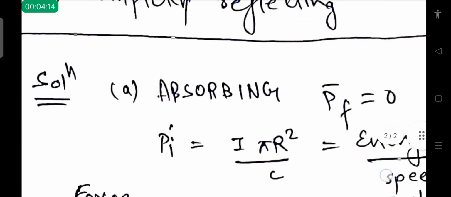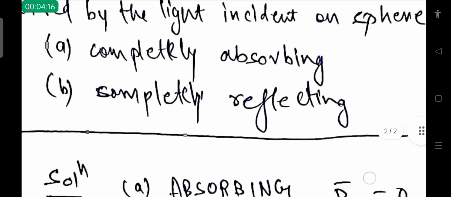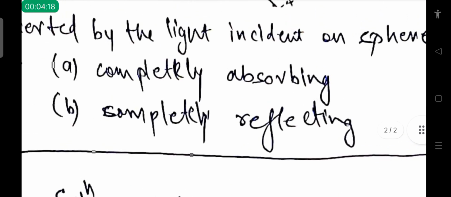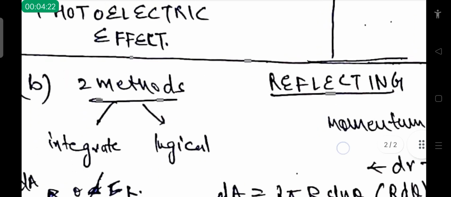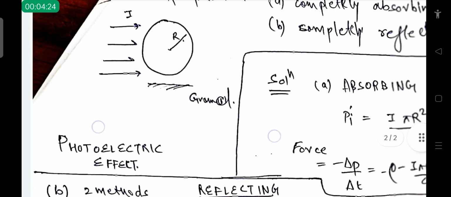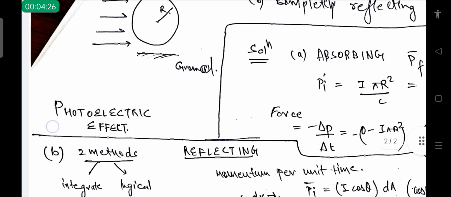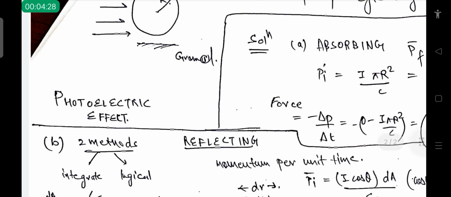Now for the second part, when the sphere is completely reflecting, there are two methods to solve this question. First, we take a small part dF on the sphere, find the force on that, and then integrate it over the whole sphere.